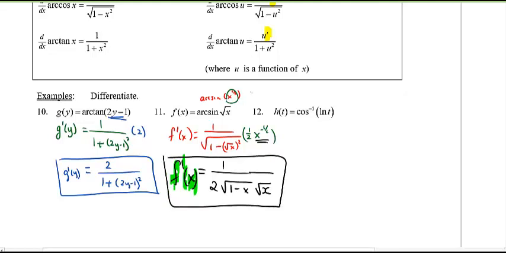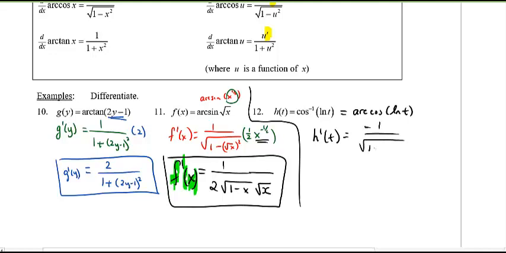Okay, and finally, number 12. This notation, cos inverse, that is the same thing as arc cos of the natural log of t. Ooh, getting nasty now. H prime, the derivative of arc cos is negative 1 over the square root of 1 minus x squared. In this case, x would be ln t, all squared.